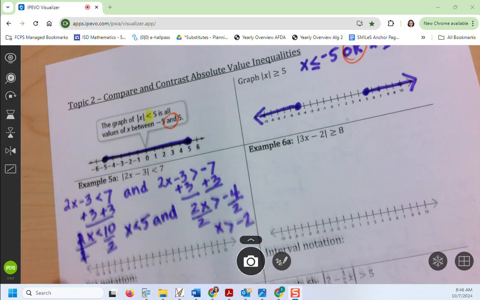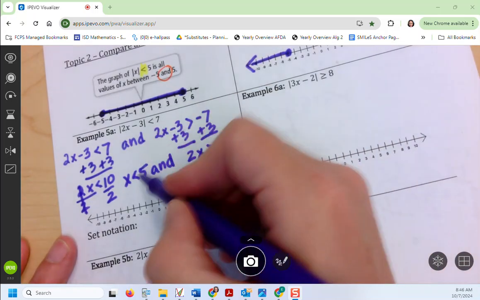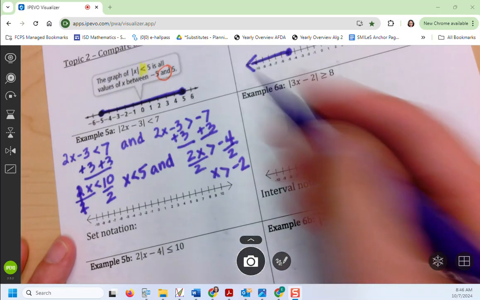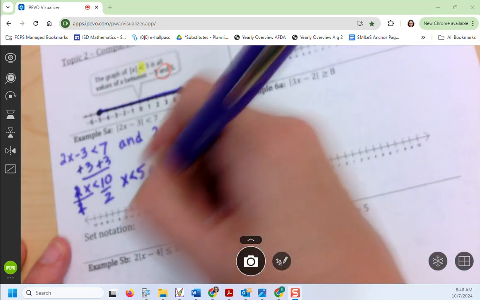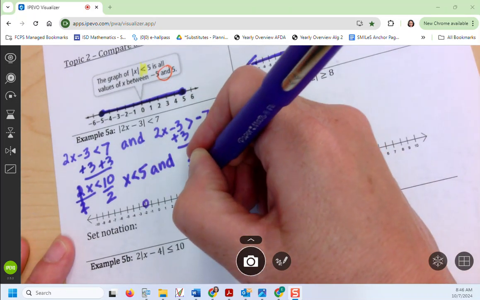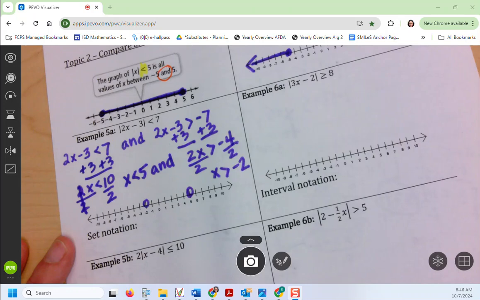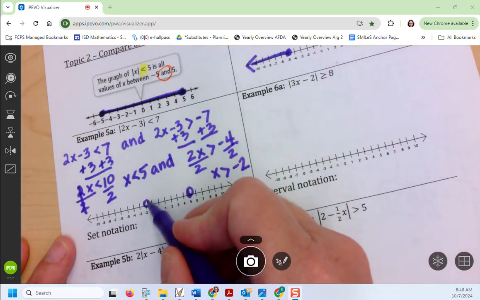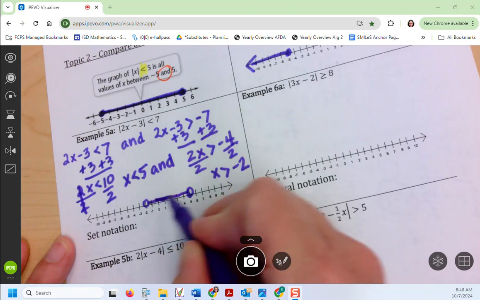So the way I'm going to put this together is x is bigger than negative 2 and it's less than 5. Notice I have no equal sign this time, so I need an empty dot. So on negative 2 I have an empty dot, and on 5 I have an empty dot. So the numbers that are solutions, they're bigger than -2, and they're less than 5, so they're the numbers in between.